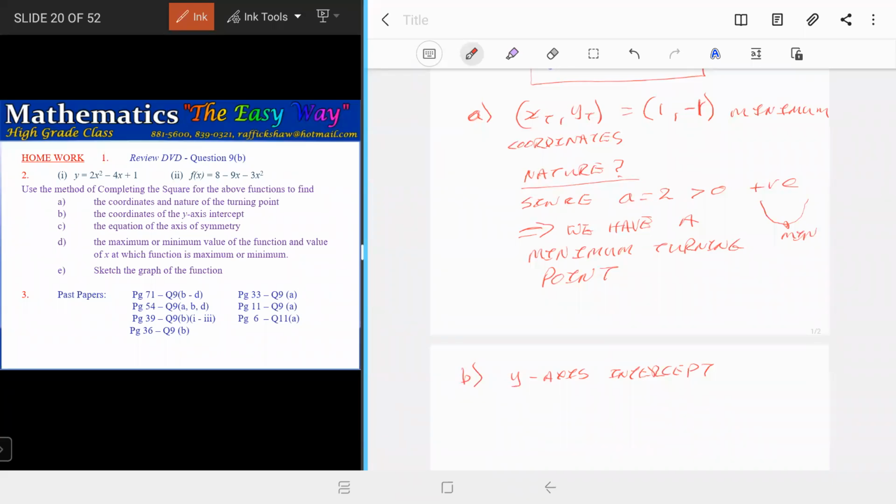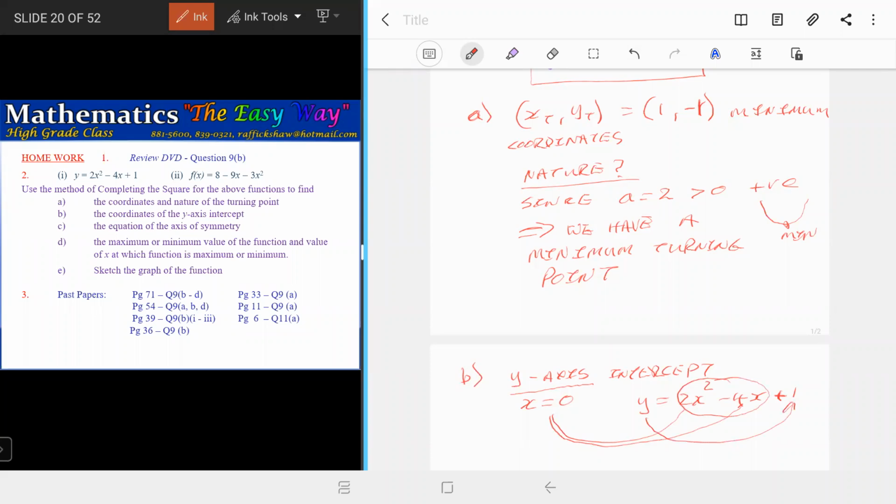We know it's a C value now, but if you don't know why it is a C value, let's look at it. Points on the y-axis have an x value equal to 0. Now, remember, the function is y equals 2x squared minus 4x plus 1. That's a standard form. This is a C value. If you put 0 for the x here and here, those two terms work out to 0, and you're left with y equal to 1.